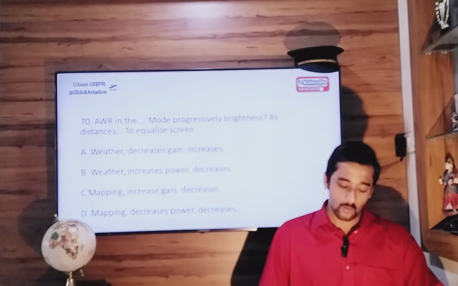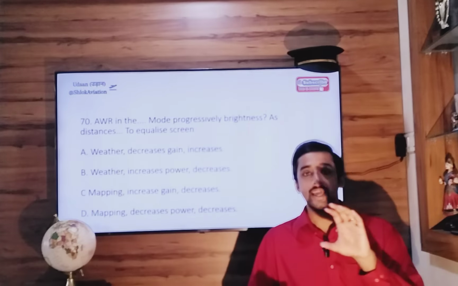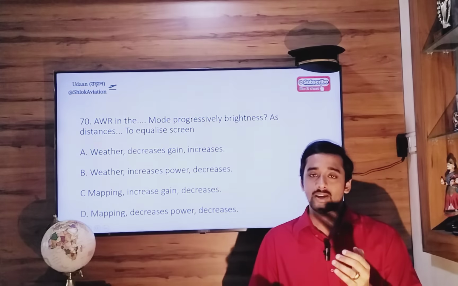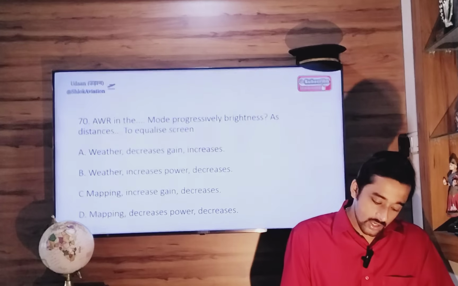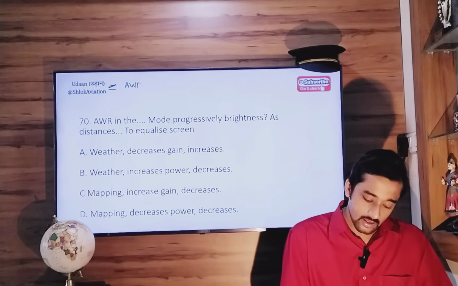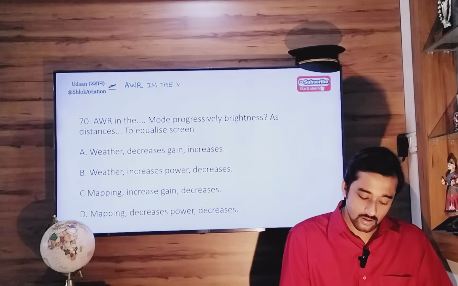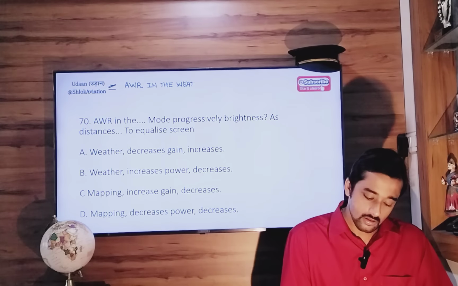To obtain an equal display of all the returns, whether they are coming from close ranges or far away distances, you use the airborne weather radar in the weather mode.